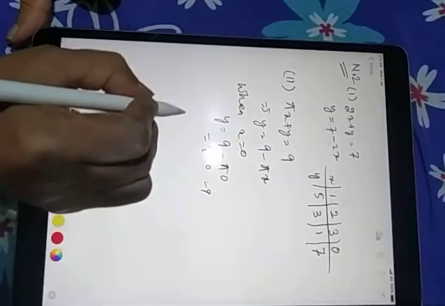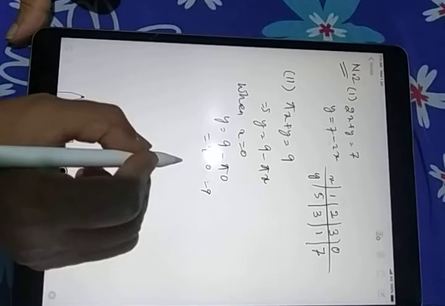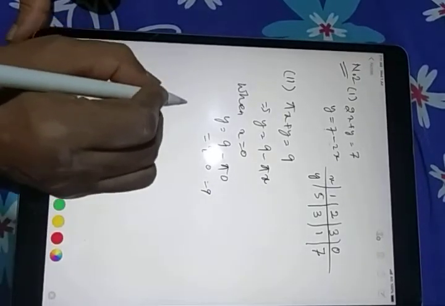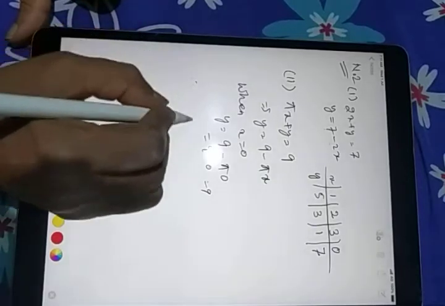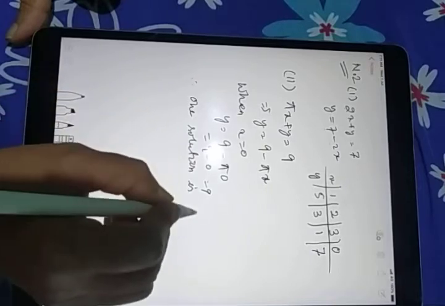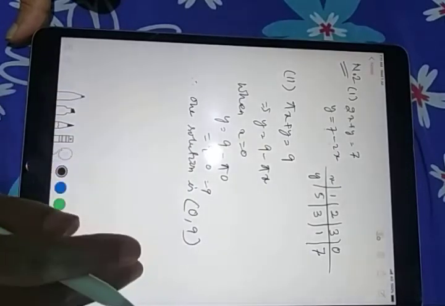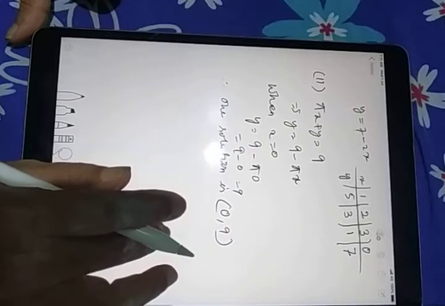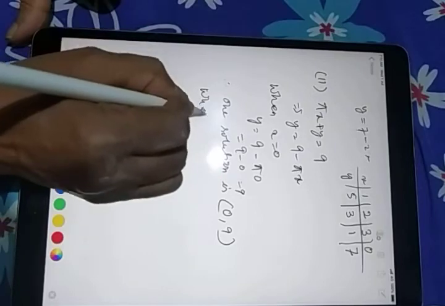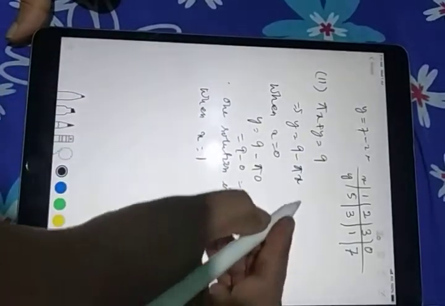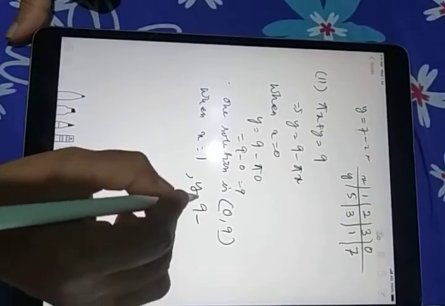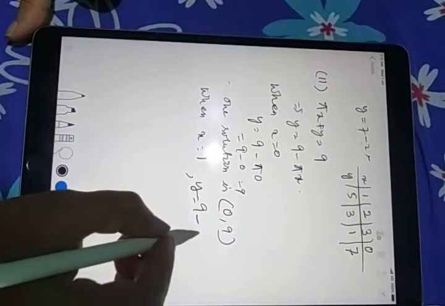So x equal to 0, y equal to 9. One solution is (0, 9). Then second one, when x equal to, let it be 1.